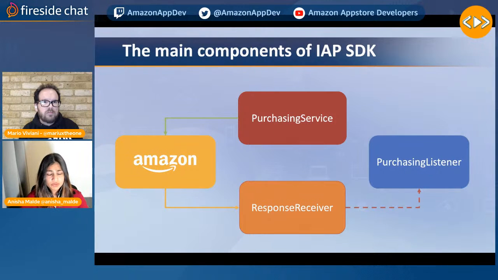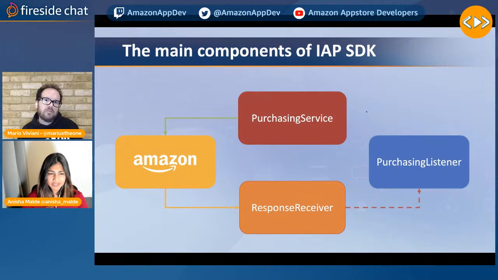Second is the response receiver. This is a class that receives broadcast intents from the Amazon App Store, and it awaits commands from Amazon. For example, when your app has to check if a user is actually subscribed to content, this will go through the response receiver. And then we have the purchasing listener.